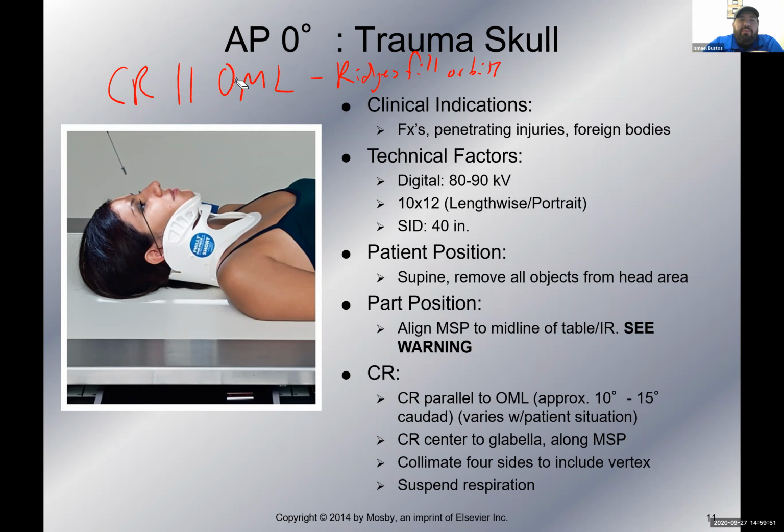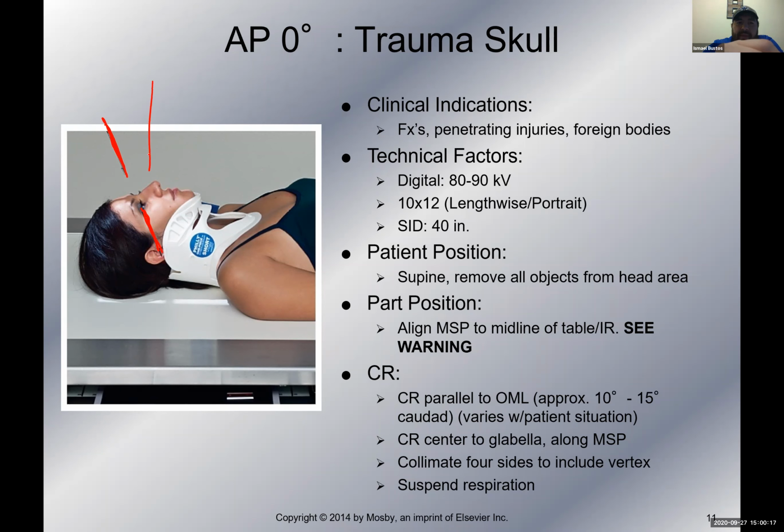So the patient is not going to be able to get the OML perpendicular to the image receptor. So we're going to have to adjust the CR to the OML. You're going to want to angle the CR until it becomes parallel with the OML. If I draw on the picture here, here's the OML, right? The CR needs to match that angle of the OML. It needs to be parallel with it.